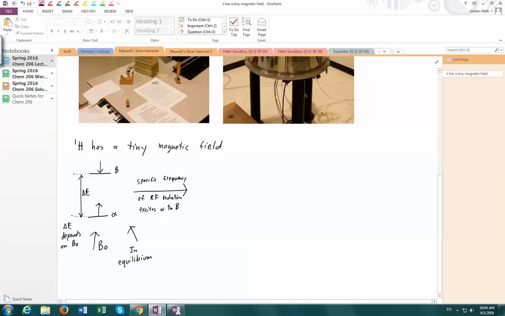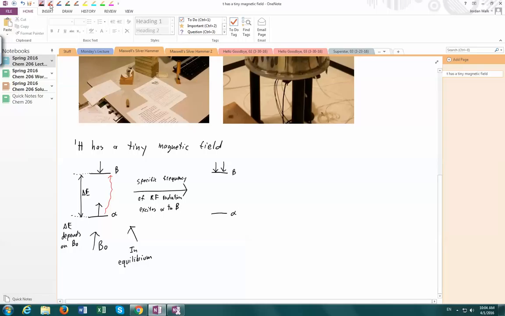Because of quantum mechanics, it is one specific frequency, right? Because there's going to be one specific delta E, and so only one frequency of RF radiation is going to do that excitement. So what happens is we blast this thing with a little radiation, and so our alpha nuclei are going to be converted to our beta nuclei. So everything now is going to be upstairs, aligned against, in the beta phase.